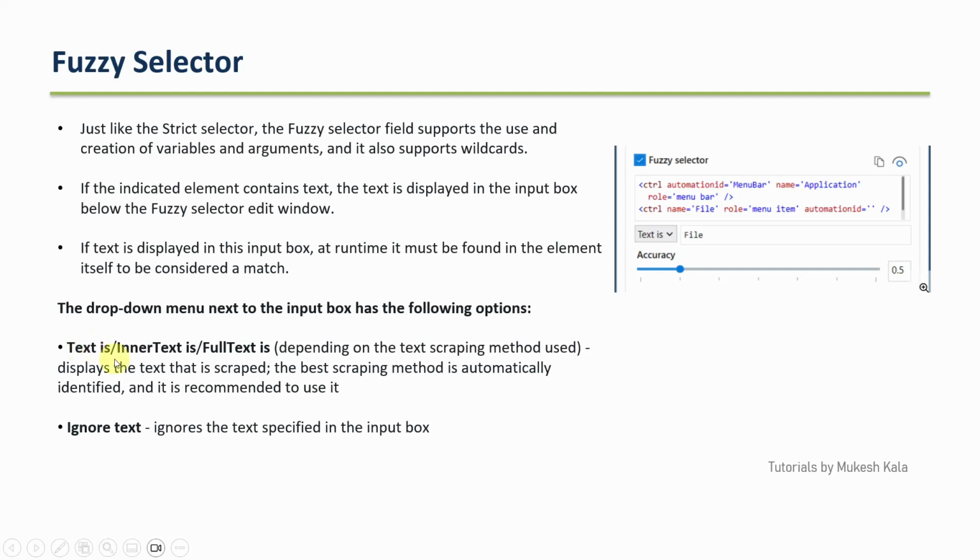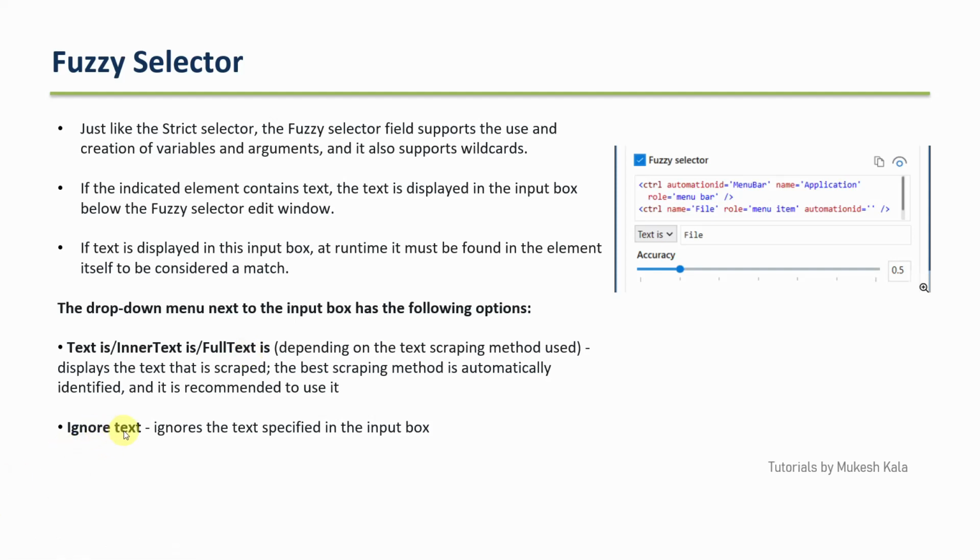It says text is fuzzy. You can change it to something like inner text is fuzzy, full text is fuzzy, right? Full text, native text, remember the output methods, all those are applicable here as well. If you do not want the fuzzy to work on the text, just simply say ignore text, right?